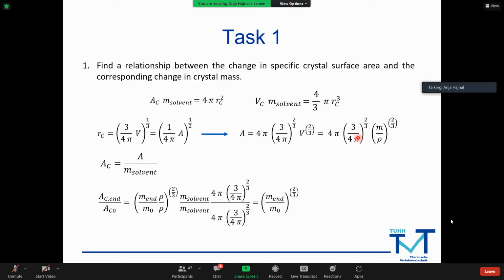Now, once we have this, our second task is to calculate the time that we need for the crystals to double their weight. To do this, we need to integrate equation number 2.